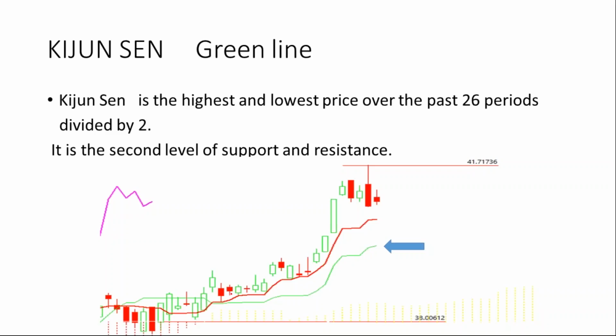So as prices are rapidly advancing, they're not referred to as averages, but they're simply saying that the Tenkan Sen over the Kijun Sen is quite bullish, as we can see here. And any retracement in price would first try and find support at the Tenkan Sen, and then that failing, the Kijun Sen on the way back.